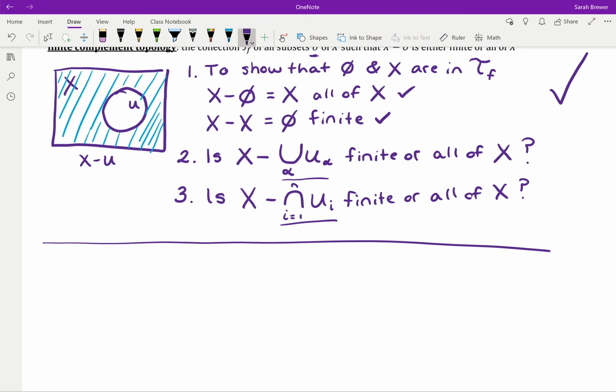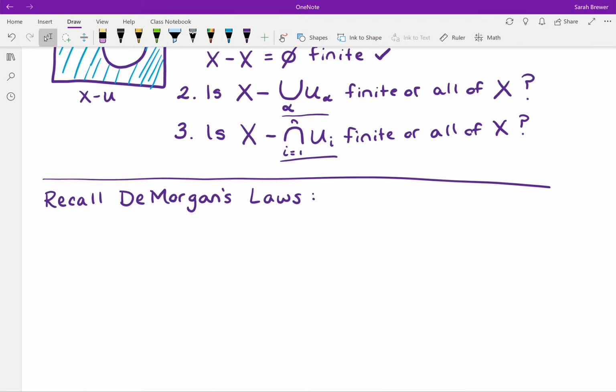So recall De Morgan's laws for complements of unions and intersections, because we're going to need those in order to show this. If I take the complement of a union, what I get is the intersection of complements.